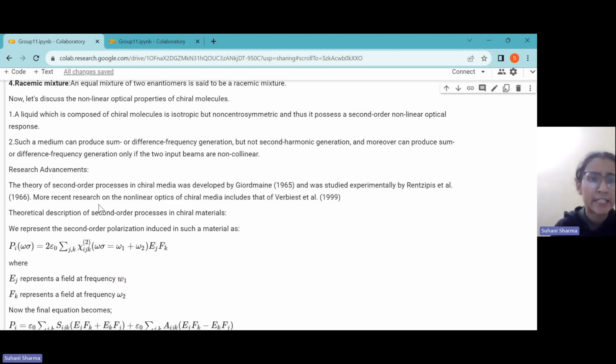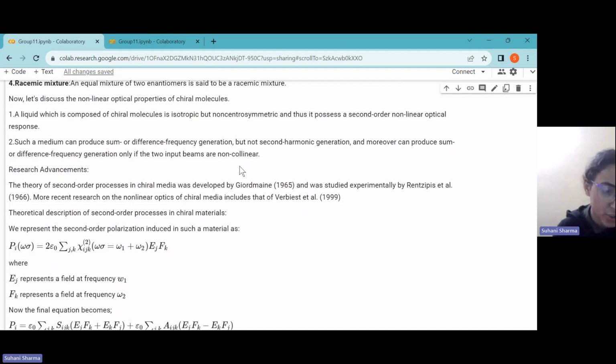While we know that these chiral molecules are isotropic, they are also non-centrosymmetric, which enables them to possess a second order non-linear optical response. This response allows for phenomena like sum or difference frequency generation.